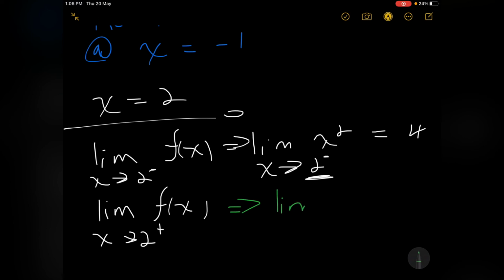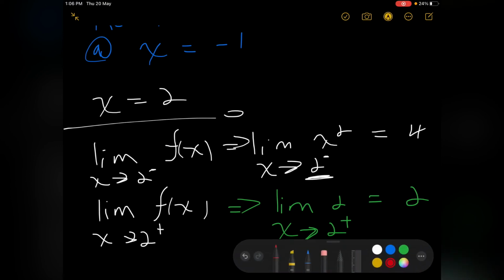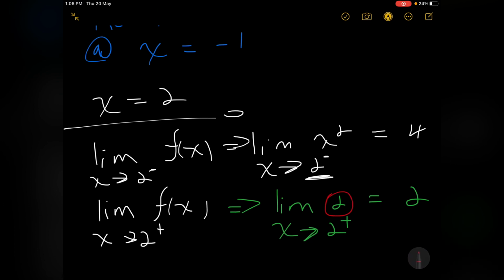So the limit of 2 as x approaches 2 from the right would be equal to 2. And the reason why this is equal to 2 is from limit theory. The limit theorem says if you're finding the limit of a constant, then the limit of that constant would be the constant.